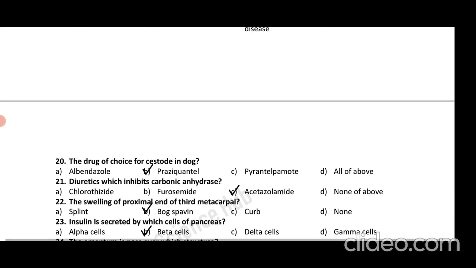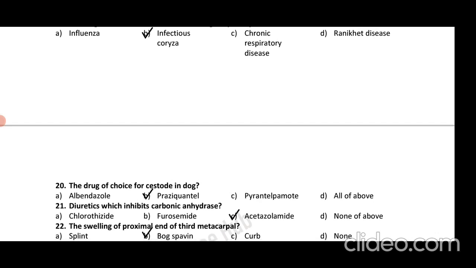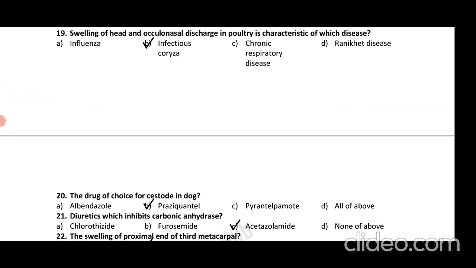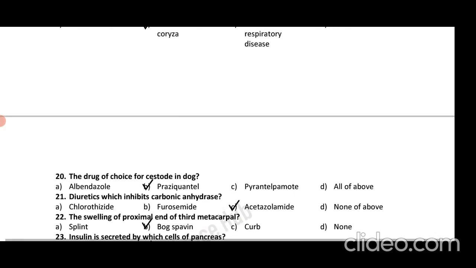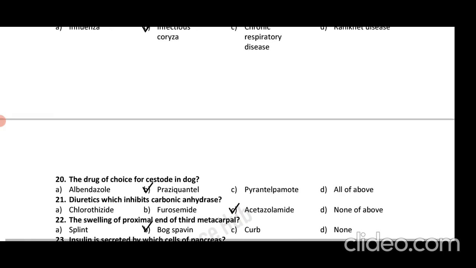The drug of choice for Taenia in dog is praziquantel. The diuretic which inhibits carbonic anhydrase is acetazolamide. Swelling of proximal end of third metacarpal is bog spavin.